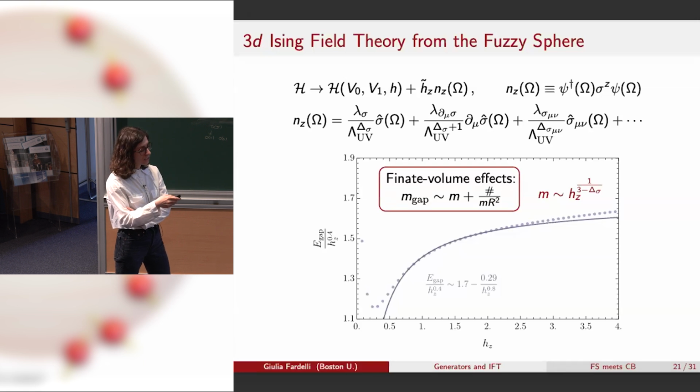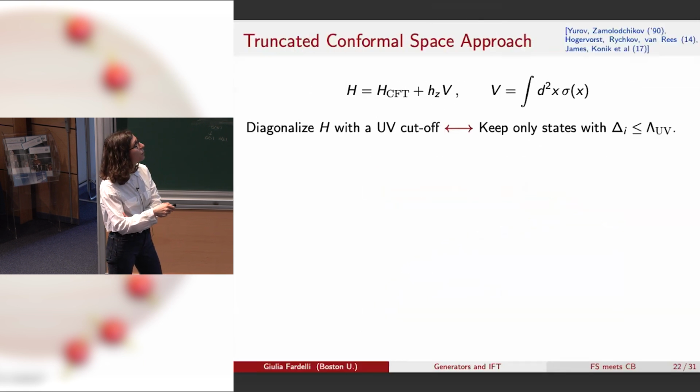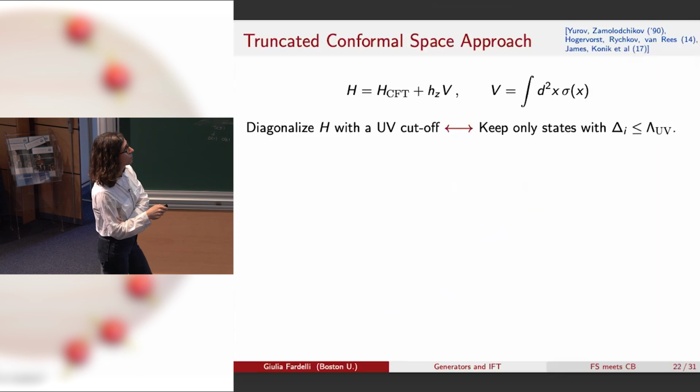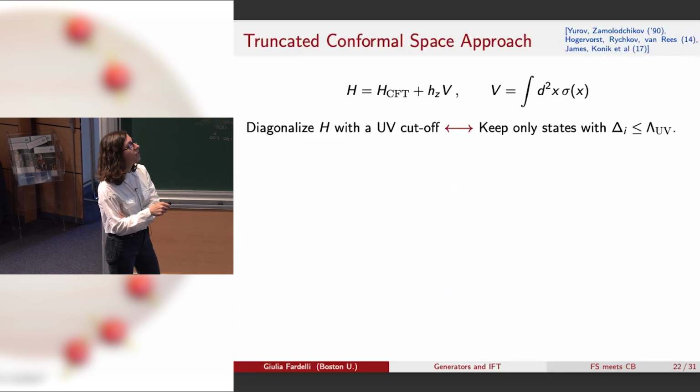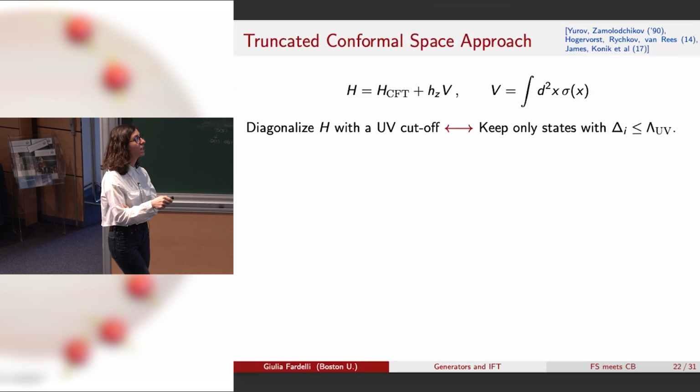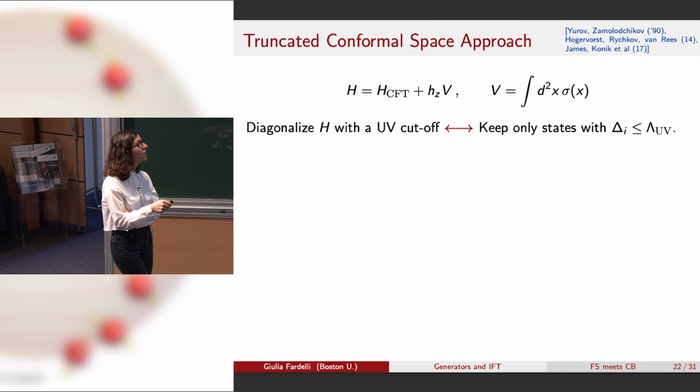Then we can try to do the same in a different setup, which is called TCSA, truncated conformal space approach. The idea is really similar. You start from a Hamiltonian made by the CFT Hamiltonian plus the perturbation by a potential, which is just the integral of your sigma x.